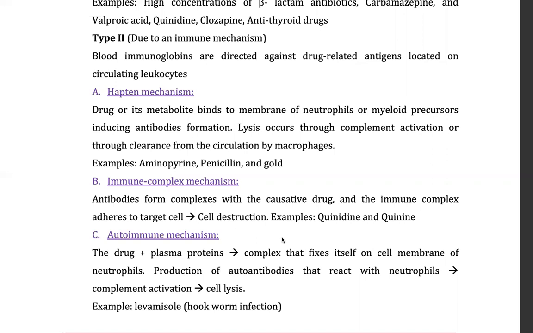Generally, the drug binds with plasma protein, which leads to a complex that fixes itself on the cell membrane of neutrophils.